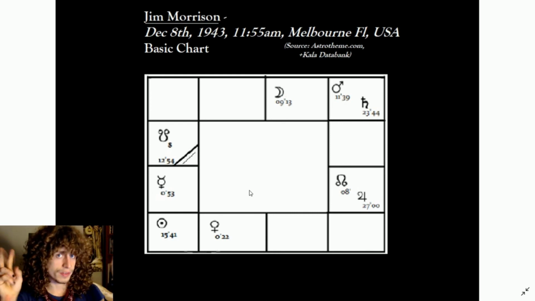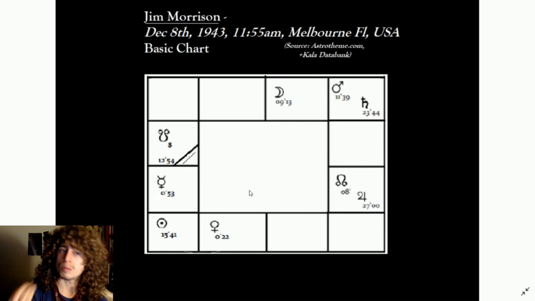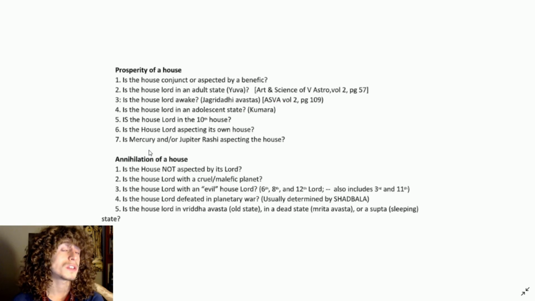It's a dead Avashta. So that says a lot about Venus's capacity to learn how to manage its tasks as the fourth house lord. It's not a good sign. But that doesn't mean it's no good. It's just one of the many factors that we have to consider.